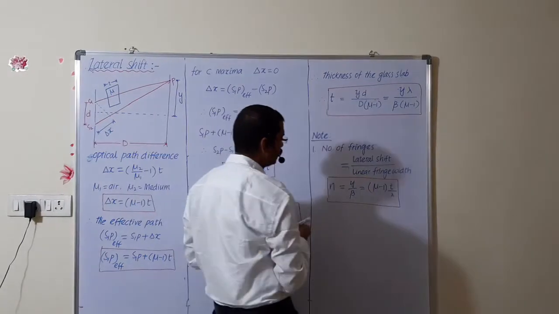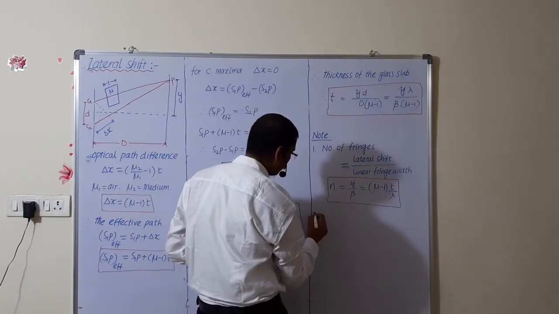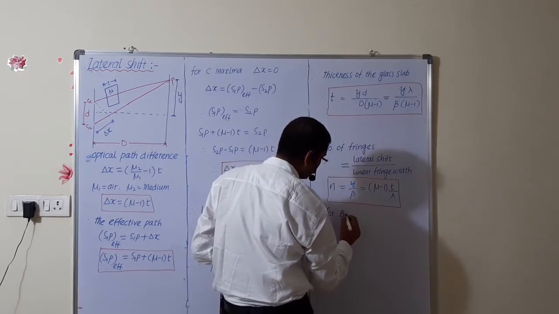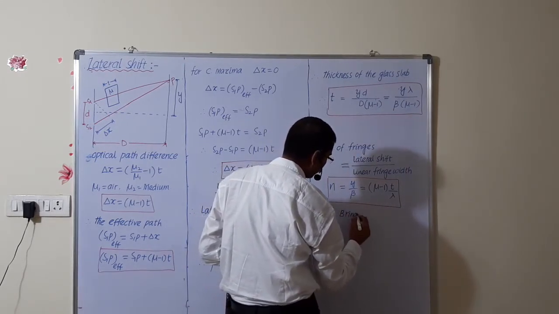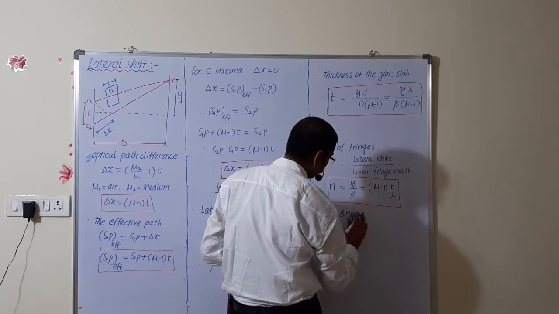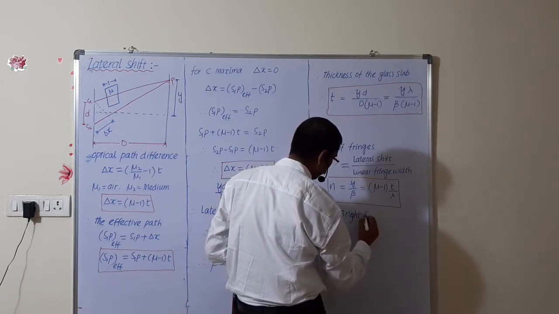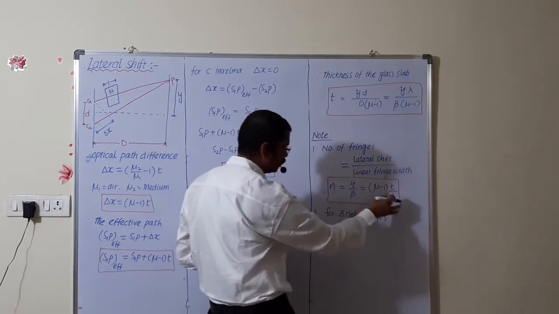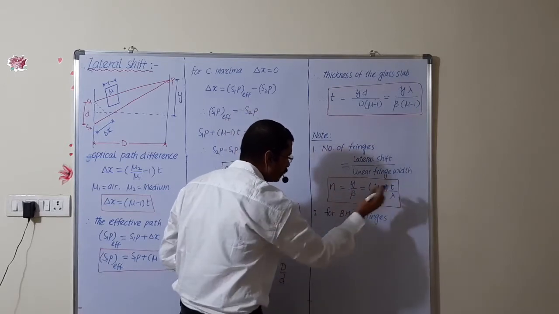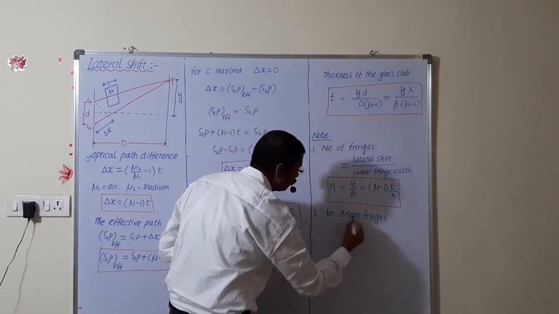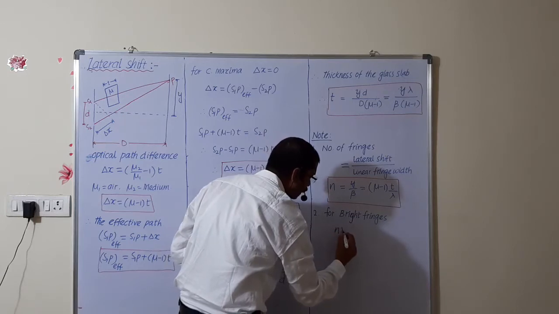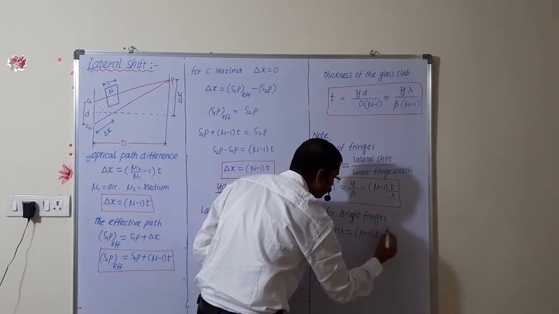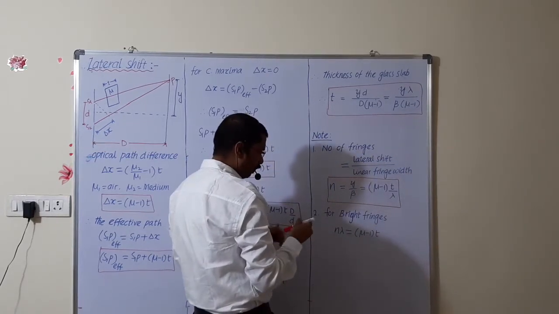Here we can discuss the same for the second case, for bright fringes. For bright fringes, we can write n lambda is equal to (mu minus 1) t.